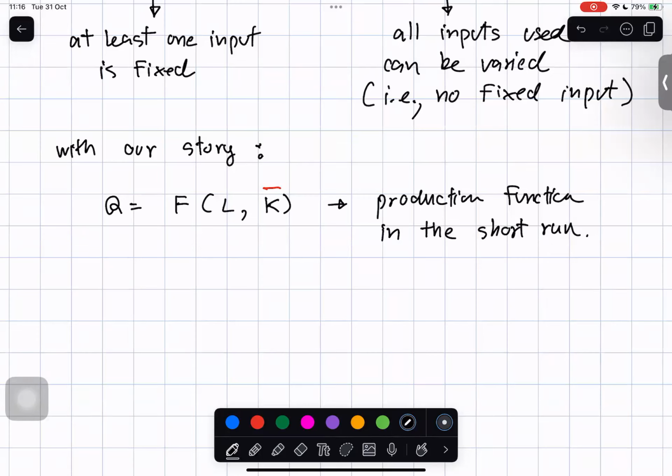We have a given amount of machines. So among the two inputs that we use, at least one input we cannot change. So this is a production function in the short run. But if we write this without any bar on L or on K, this represents the production function in the long run. All inputs can be varied, no fixed input.